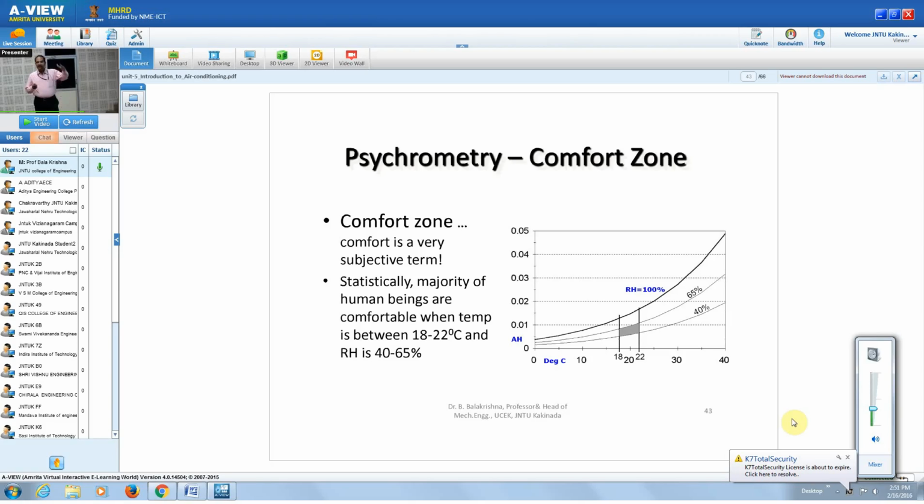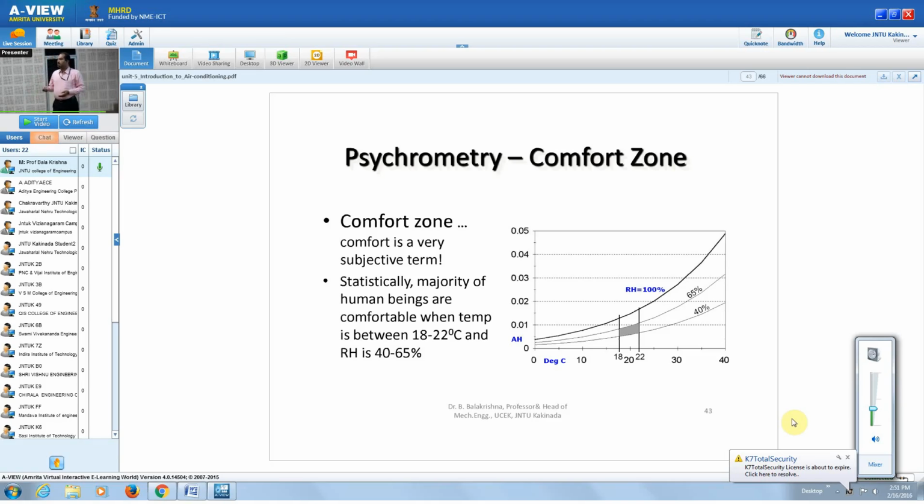Between these two lines, the values are the comfort values. Our temperature also is between these two. That's why the human comfort conditions are 18 to 22 degrees centigrade DBT and the relative humidity is 40 to 65%.